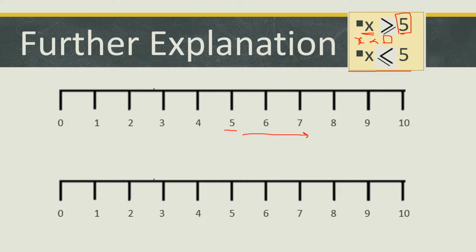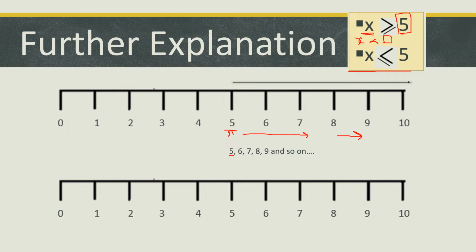It could be any number greater than 5 or also 5 itself. So we're going to start our line from 5, because 5 would be included, and all the numbers greater than 5, so the arrow would be pointing in this direction. And the possible integer values that x could be are 5.